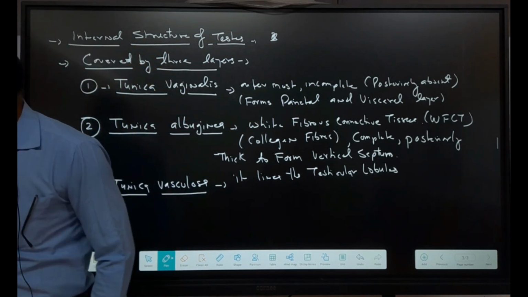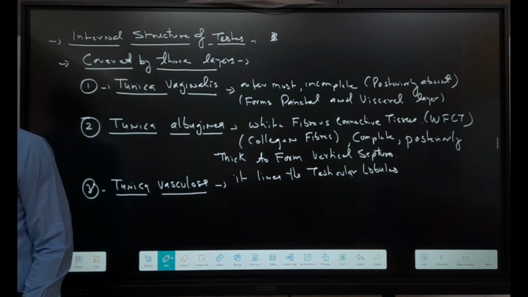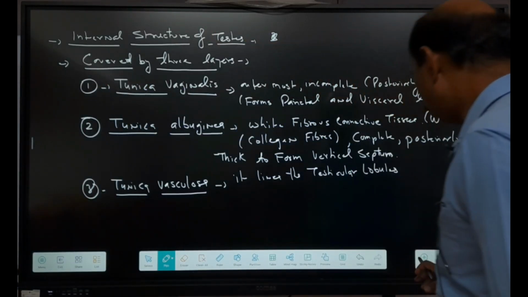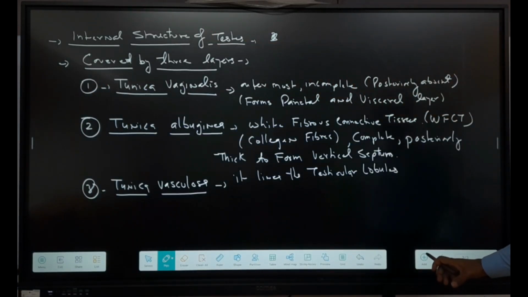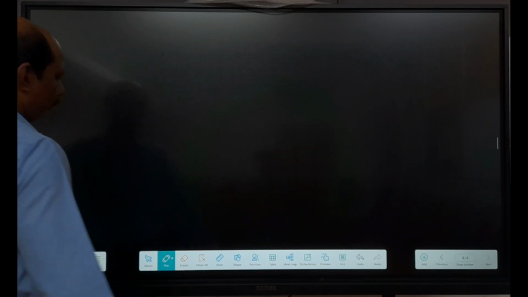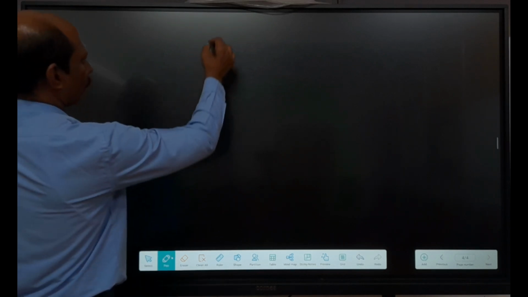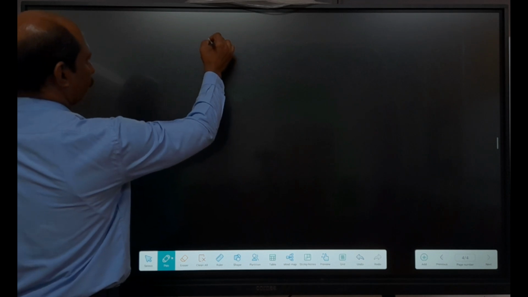Now I am going to draw the structure of this testis, and then we can understand. You can write also here the structure of human testis. Now first, this is the outermost covering.